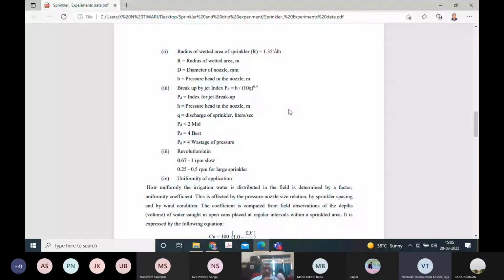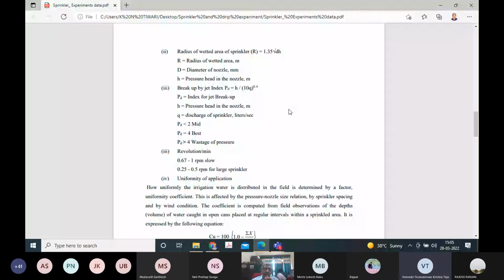Now if PD is less than 2, we say it is moderate, the sprinkler is operating moderately well. But if PD is equal to 4, we say that the operating pressure is good, it is the best operating pressure, and the sprinkler should be operated at this pressure.